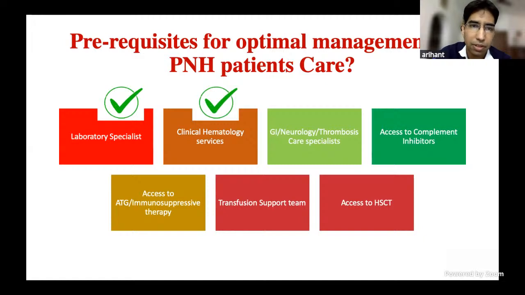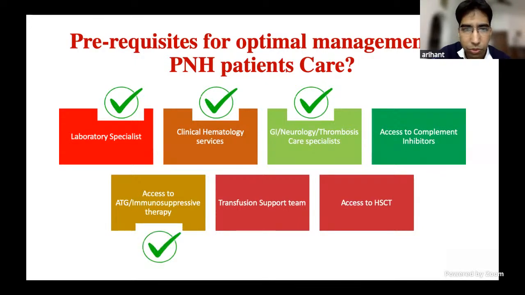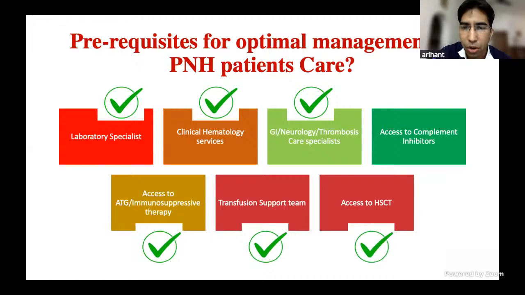We have good clinical hematology services, and super specialists, as these patients can go to GI surgeons or GI specialists, neurology services, and thrombosis care specialists. I think the country has those. We have access to ATG and immunosuppressive therapy, in both generic and innovator forms, including the newer TPO agonists, eltrombopag and romiplostim. We have good transfusion services, and we also have access to hematopoietic stem cell transplant.